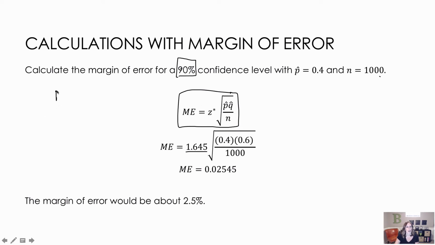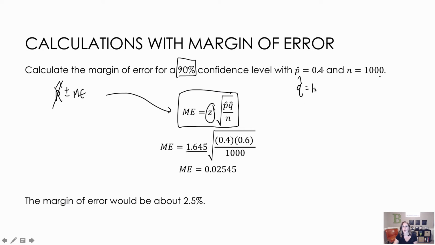So before I was saying p hat plus or minus margin of error, this is the margin of error. So I'm not going to deal with that p hat right now, but I'm going to deal with the margin of error that I would add or subtract to that p hat. So the margin of error would be 1.645, which is my critical value for 90% confidence, times the standard error, which is my p hat, 0.4, times q hat.